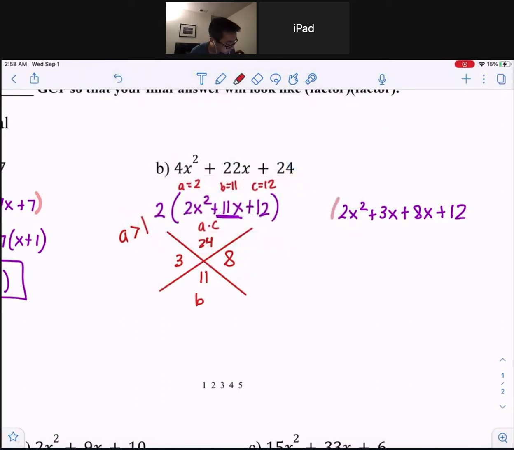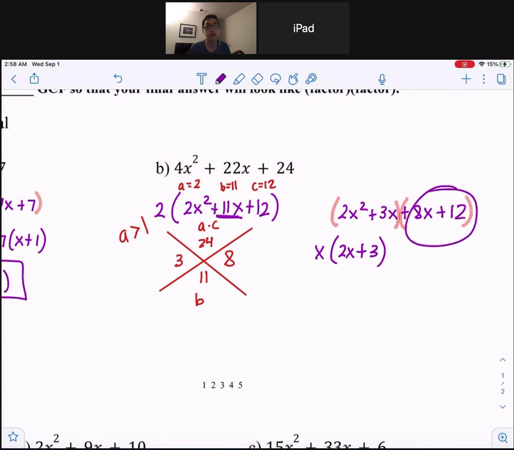So this is a grouping, this is a grouping. Now you factor out the GCF from this group and from this group. Right here, you can factor out an x from both. If we factor out an x, you're taking away an x from both, so we just have 2x plus 3.